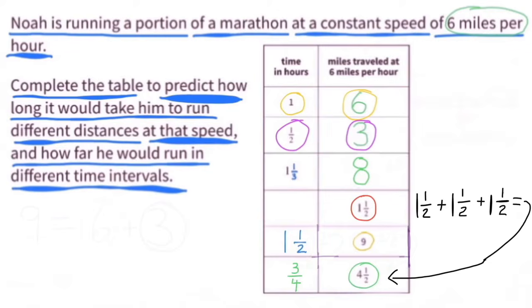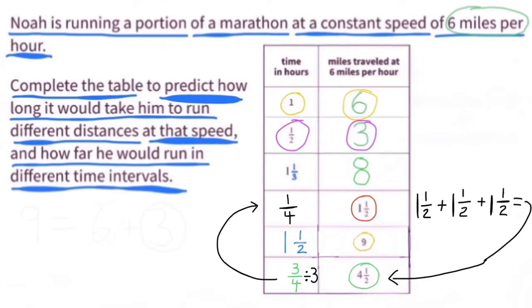We can divide 4.5 by 3 to get 1.5, and we'd have to divide 3/4 by 3 to get 1/4. So at 1.5 miles traveled at 6 miles an hour, it would have taken him 1/4 of an hour.